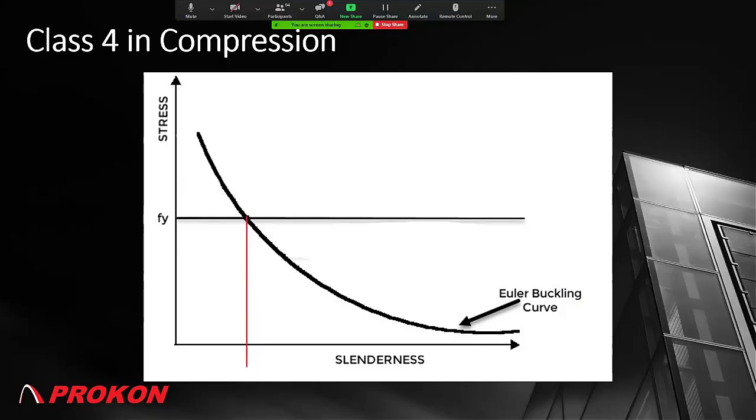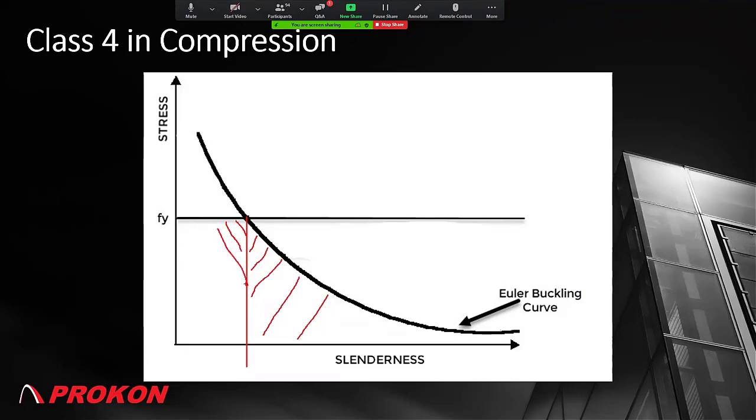The intersection of these two lines is quite important. All elements to the right will fail due to global buckling, and elements to the left, their failure is governed by the yield stress.